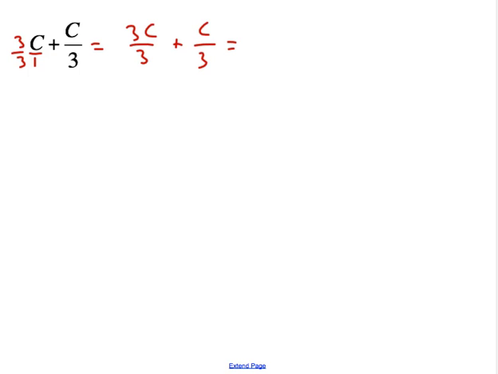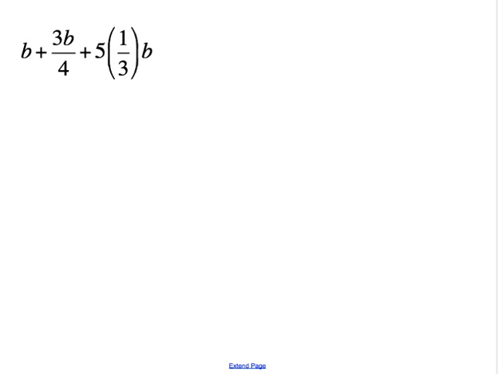I'll combine them into one fraction. 3c plus c is 4c. So the answer there is 4c over 3. That I cannot simplify because there are no numbers that both 4 and 3 will be divided by.